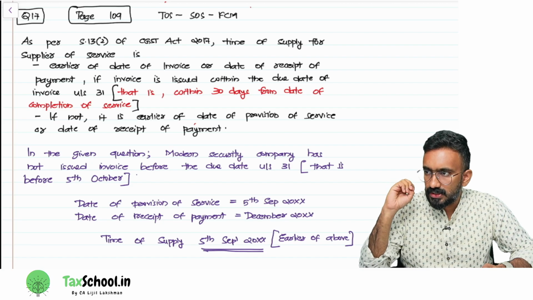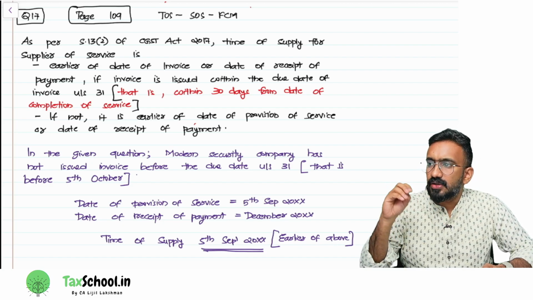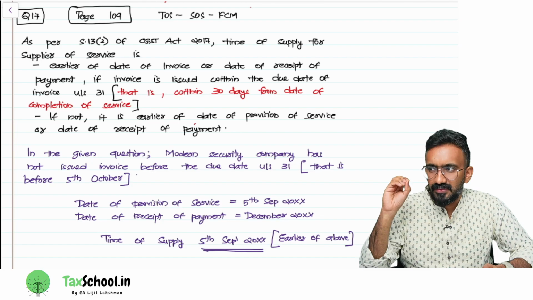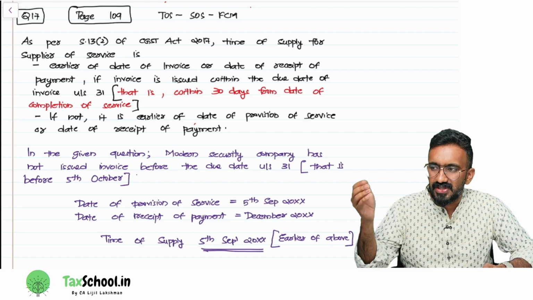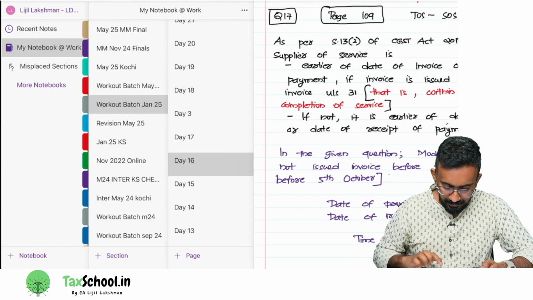In the given question, modern security company has not issued invoice before the due date under section 31, that is before 5th of October. Date of provision of service is 5th of September. Date of receipt of payment is December, whichever is earlier is 5th of September, that is the time of supply. This is how you will present it.